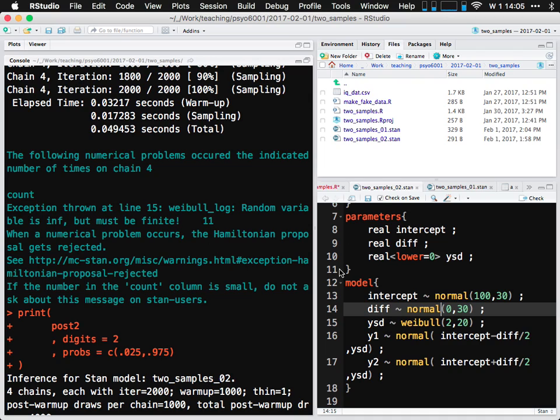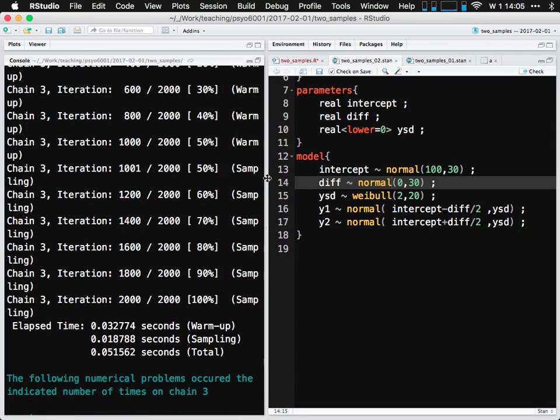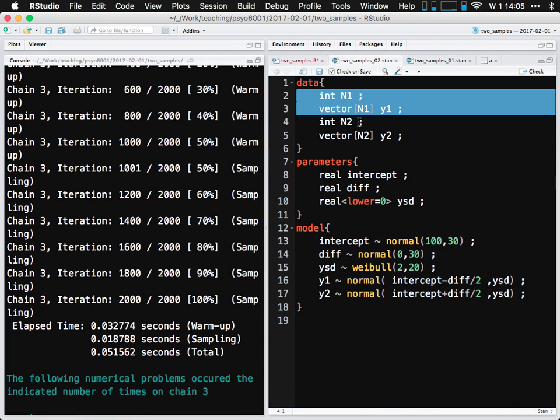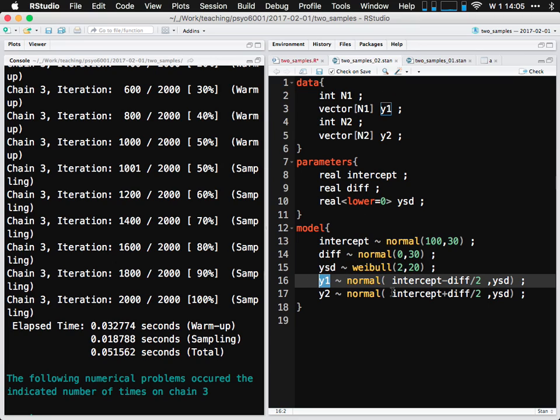So to do this as a regression model, right now this model takes in the data as two separate chunks, and then says, okay, this chunk is distributed like this, and this other chunk is distributed like this.